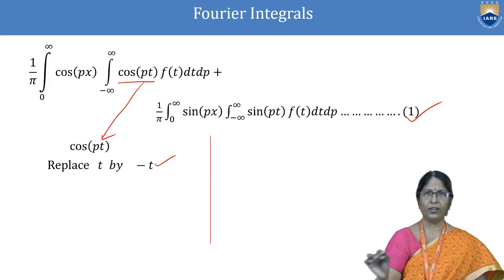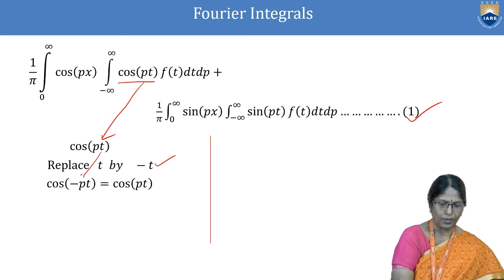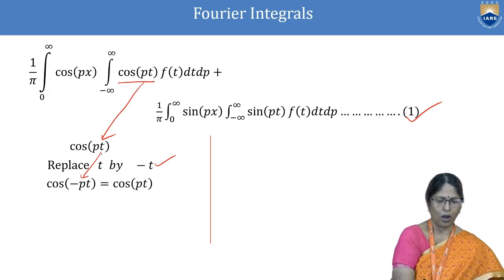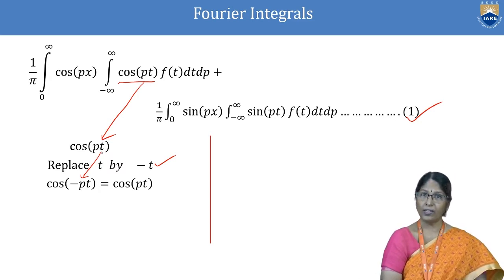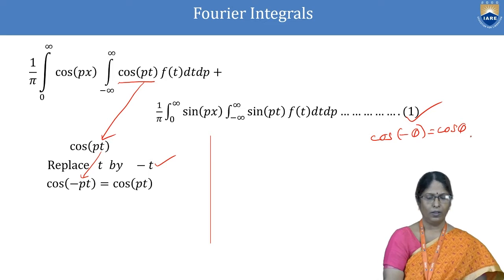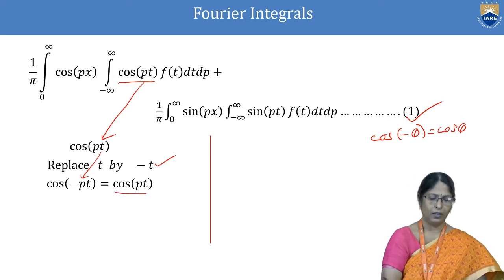So we decided to check now. We replaced t by minus t. So cos of pt has now become cos of minus pt. By the trigonometric formula, cos of minus theta equals cos theta, it is written cos of pt.